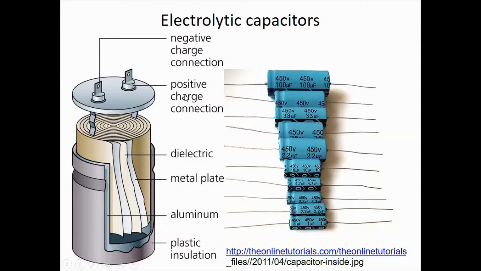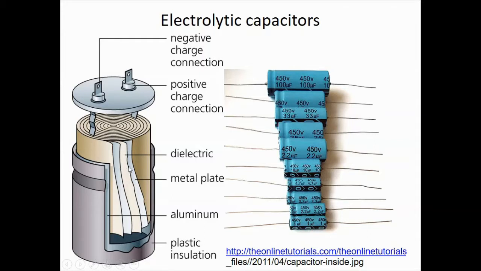This is the internal structure of an electrolytic capacitor. It is interesting to know that if you could open up these capacitors, what you'll see inside is actually a spiral. You have two metal plates. This blue is the metal plate, and the yellow, brown, orangish thing is a dielectric, typically some cloth material.